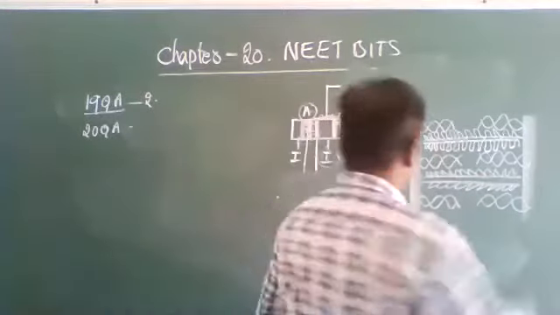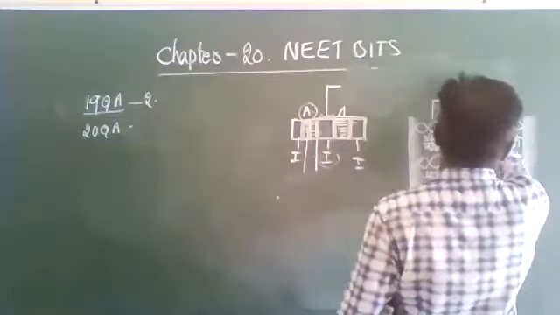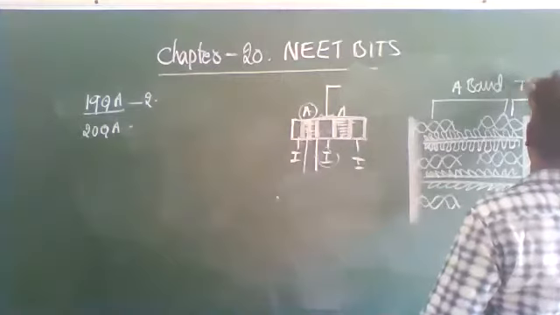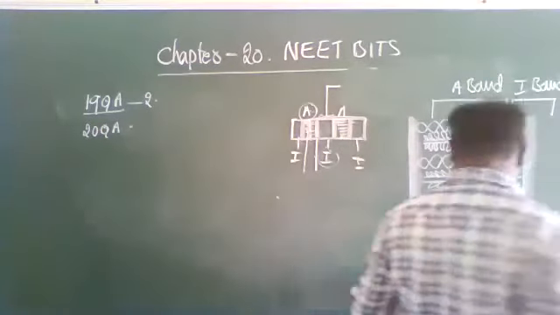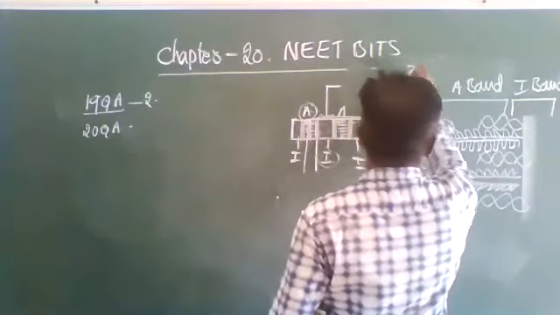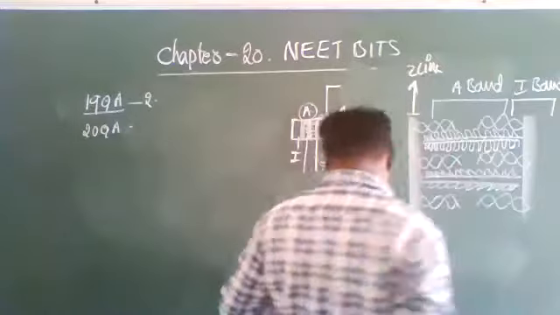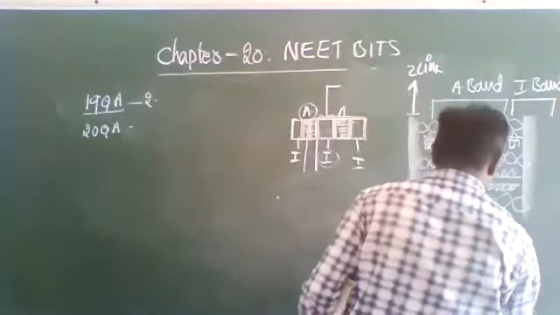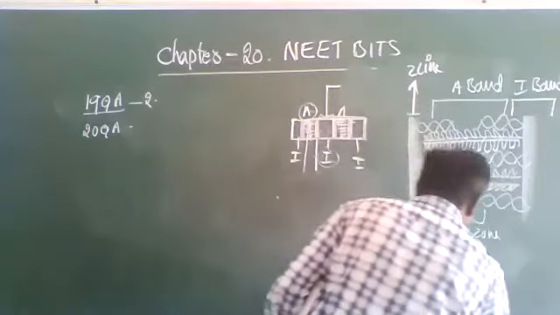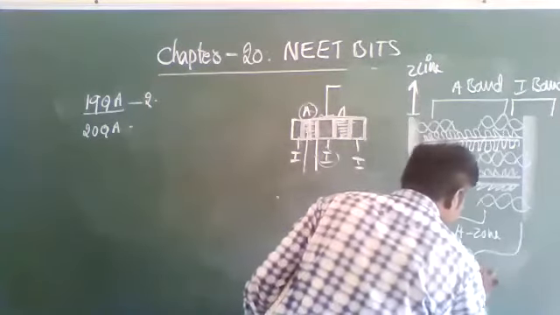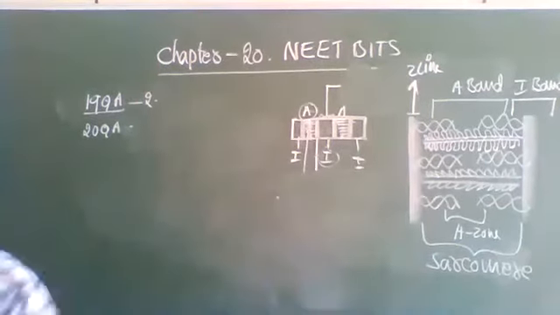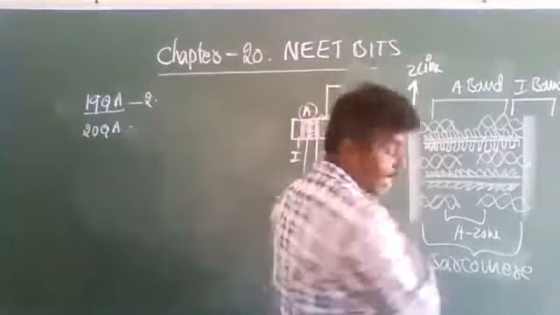Okay, here this is the A band. This is the I band. These are Z lines. This is the sarcomere.